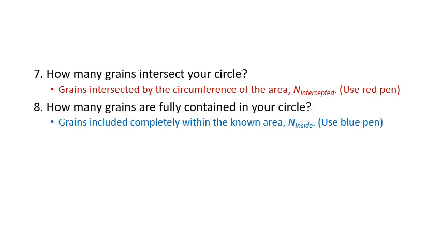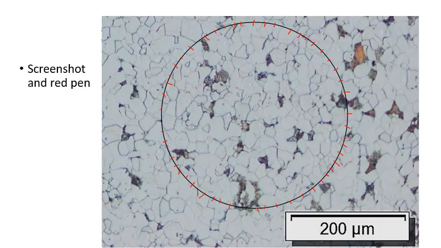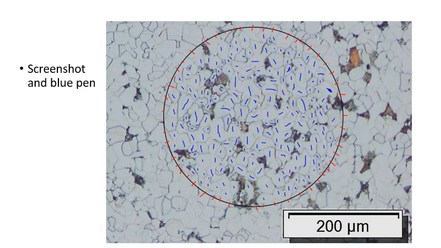Now we're at the point where we need to do the counting to solve the problem. So I started by ticking off all the grains that intersect my circle with the red pen. And then I ticked off all the grains that are wholly contained in the circle with the blue pen.